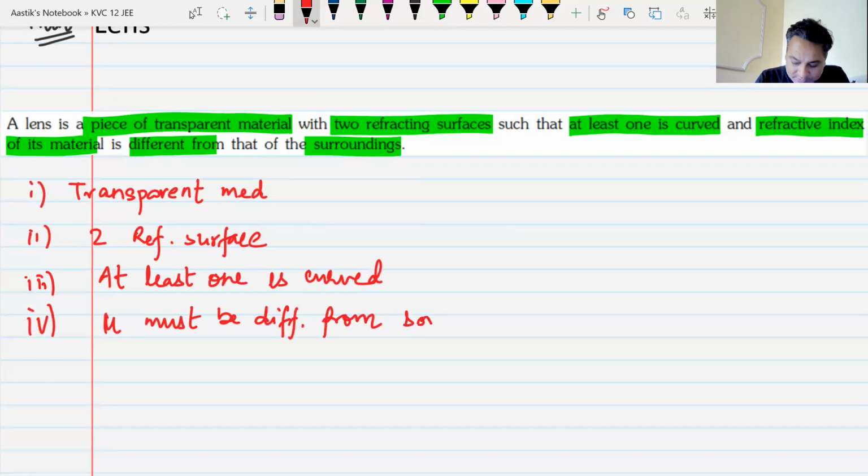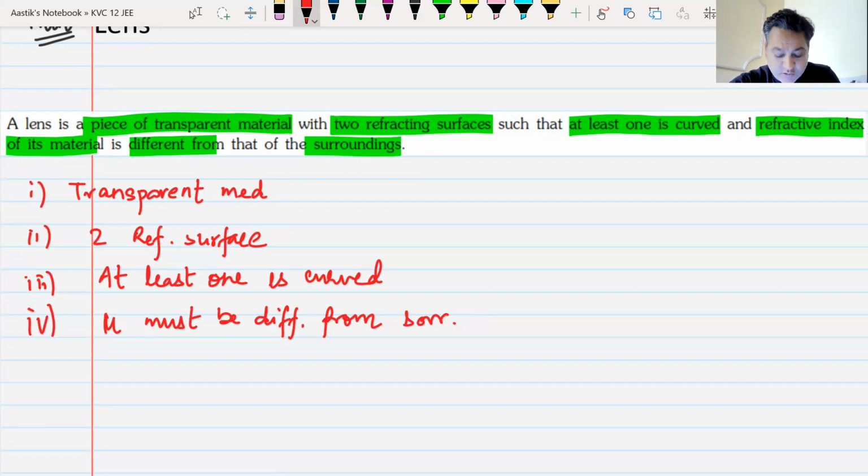If all these 4 points are fulfilled, then we call that thing a lens. Do we understand this? Yes or no? Yes, sir. Everybody noted this down?